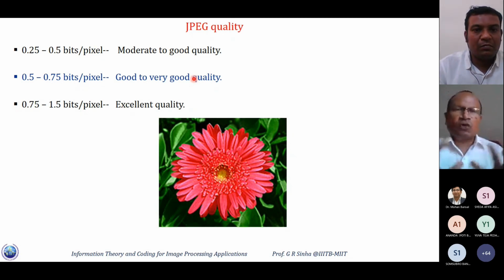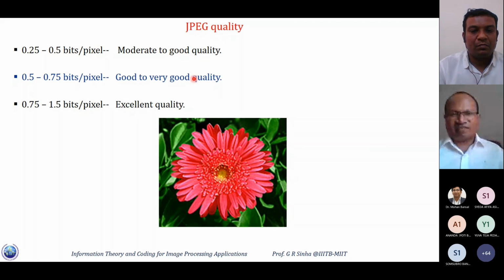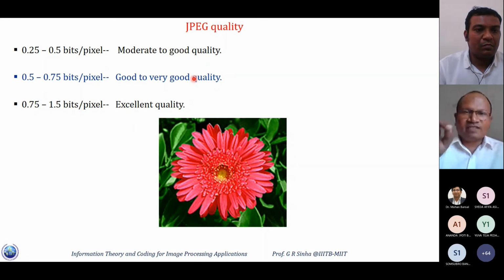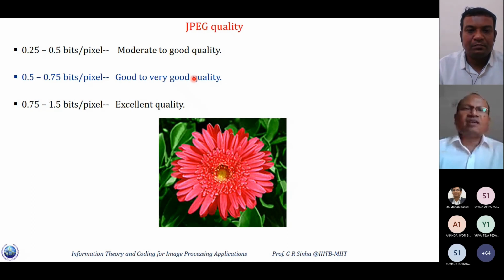Remember, when you reduce the number of bits required to represent each pixel, it means you are compressing by using your encoding, maybe Huffman or run length encoding or entropy encoding. So what is happening? Quality will always be affected. If you include more bits, the quality will always be better.